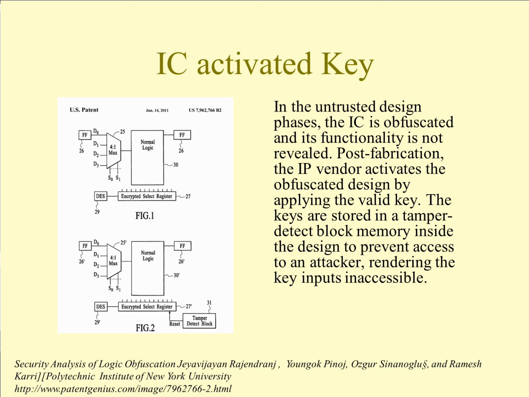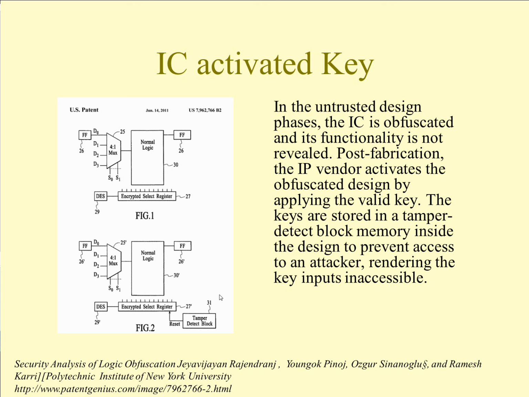In untrusted design phases, the IC is obfuscated and its functionality is not revealed. After it's fabricated, the IP vendor activates the obfuscated design by applying a valid key. The keys are stored in some kind of a tamper detect block memory inside the design to prevent access to an attacker, rendering the key inputs inaccessible.